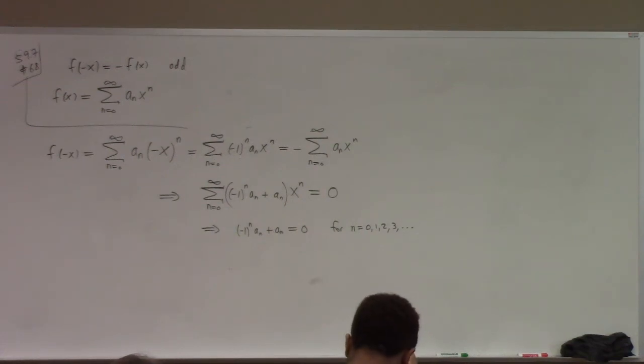What happens if n is even? Minus 1 to an even power is what? Minus 1 to the 2? Minus 1 to the 4th? Minus 1 to the 6th? Yeah, it's 1. Well, that's still an odd number.